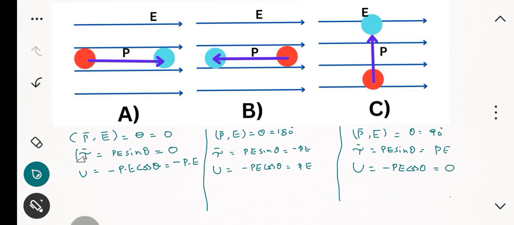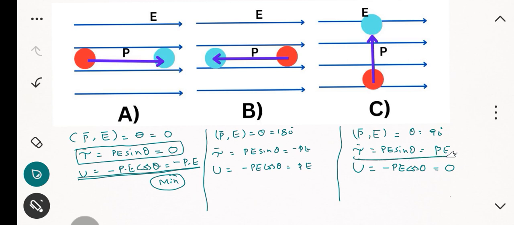So whenever the torque is 0, the potential energy is minimum potential energy. Whenever the torque is maximum, there exists a zero potential energy. Whenever the torque is negative, we get the potential energy is positive.